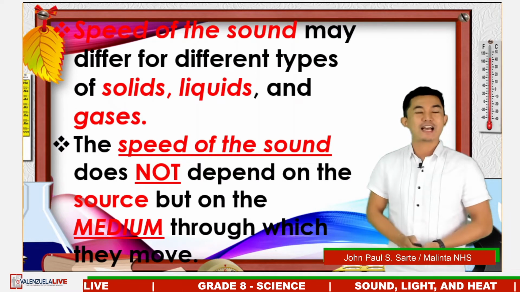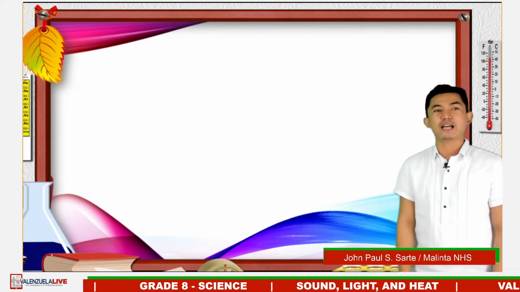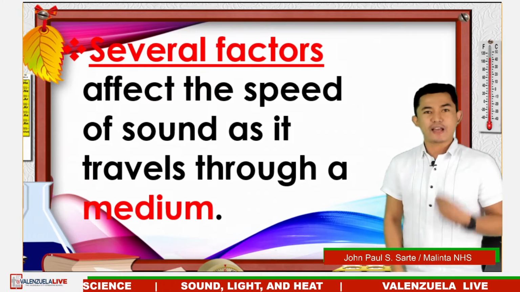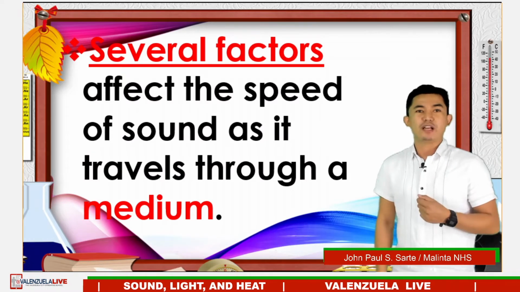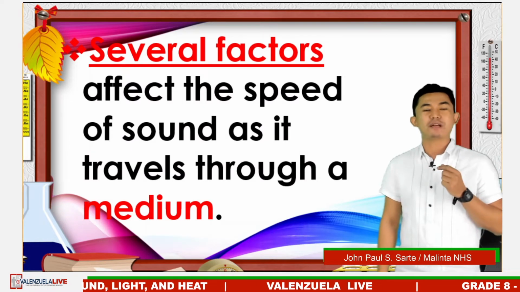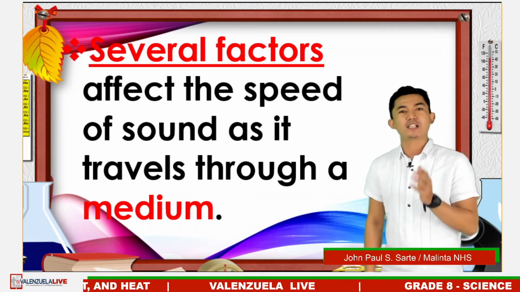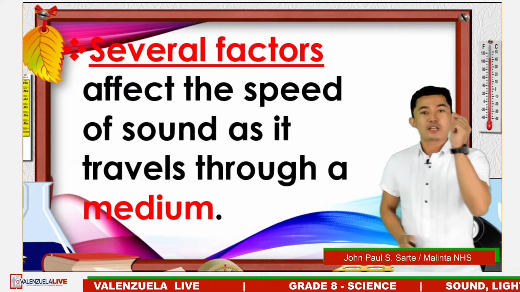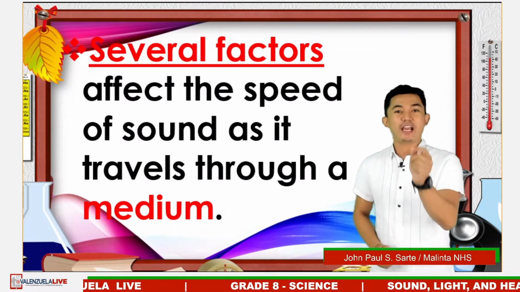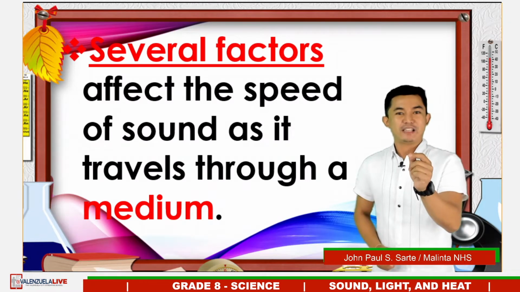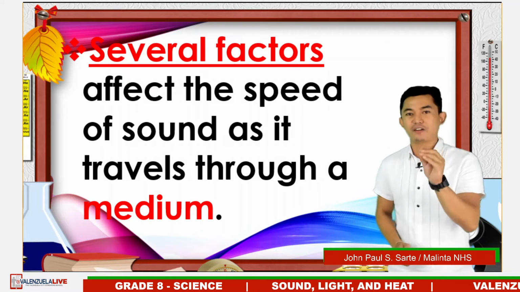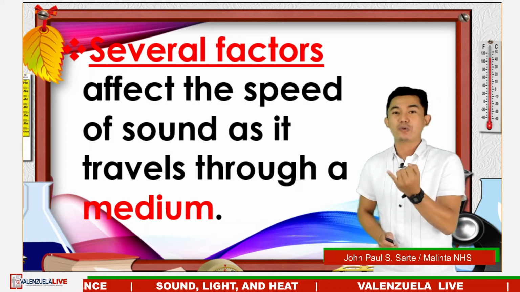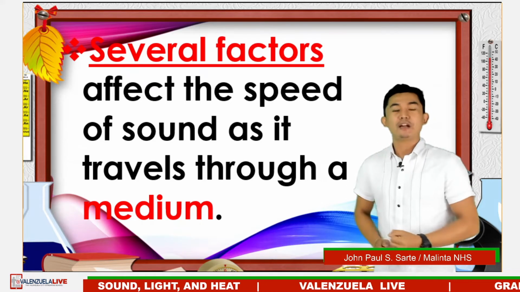Do not forget that. Now, aside from that, there are several factors that affect the speed of sound. And what are those? One of the several factors that affect the speed of sound as it travels through a medium are humidity and air pressure. Do not forget those several factors. We have the humidity and also the air pressure.